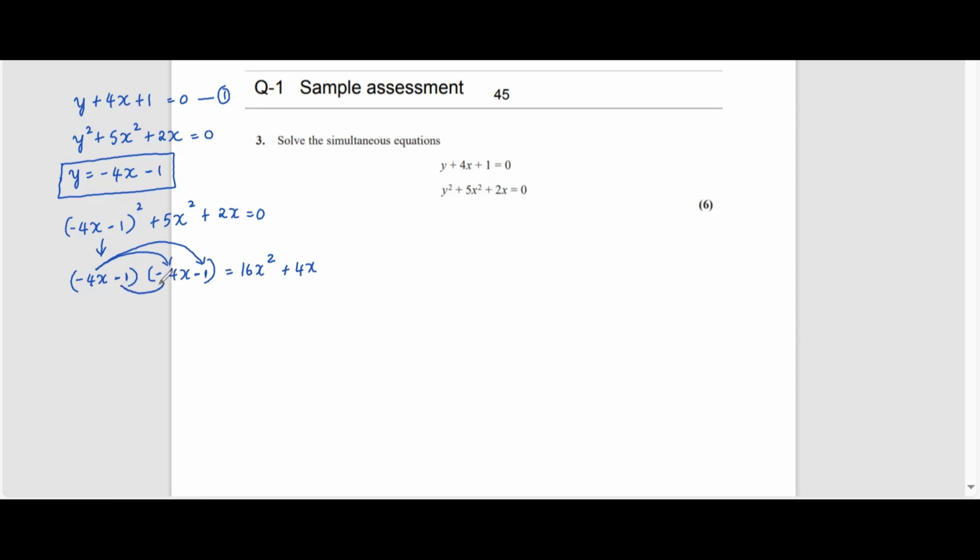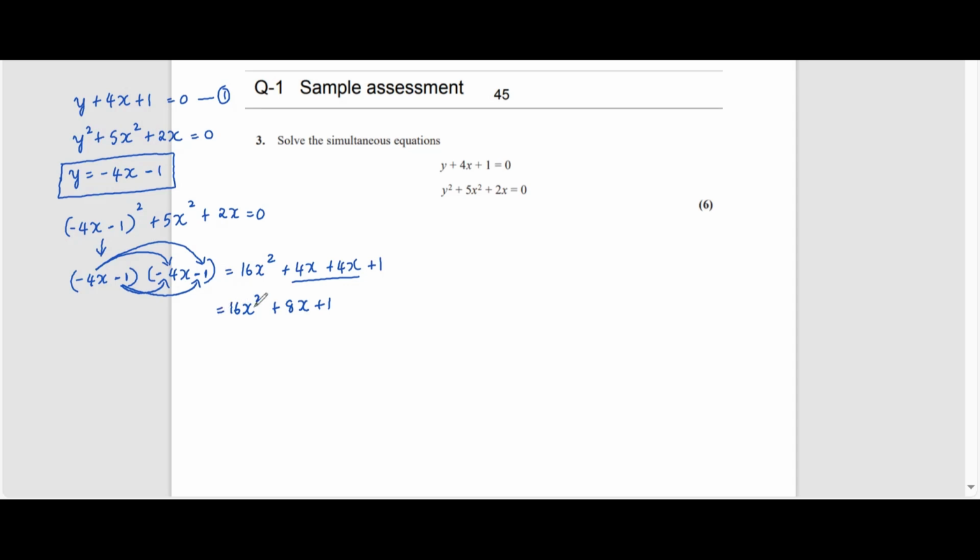Minus 1 into minus 4x gives me again positive 4x. And then minus 1 into minus 1 is positive 1. So we have the like terms, plus 4x and plus 4x, which give us 16x² + 8x + 1.